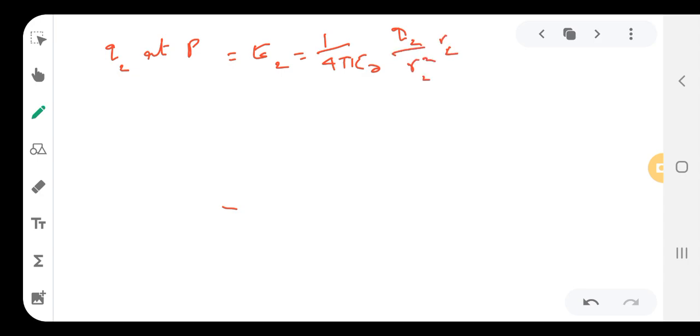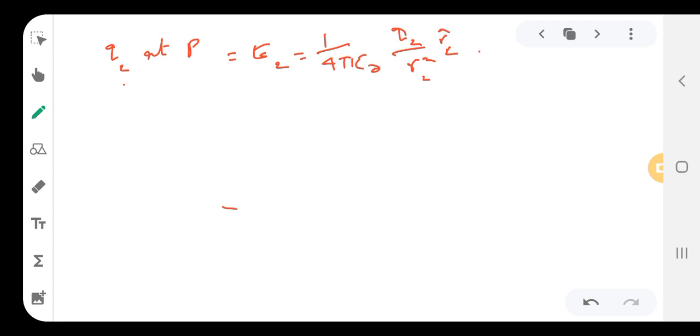Now for Q2 at P, E2 is equal to 1 by 4 pi epsilon naught Q2 by R2 square R2 cap.